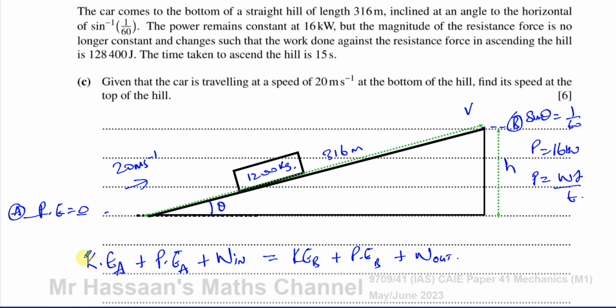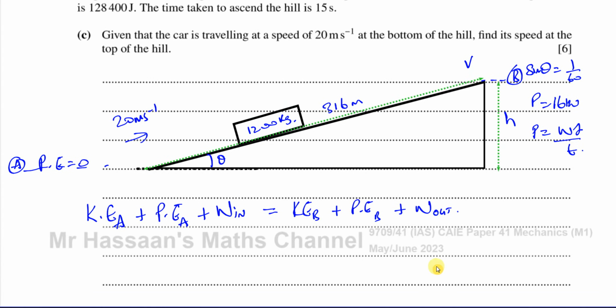Kinetic energy is given by the formula a half times m times v squared. And potential energy is the gravitational potential energy, given by m times g times h, where h is the displacement from our zero position.